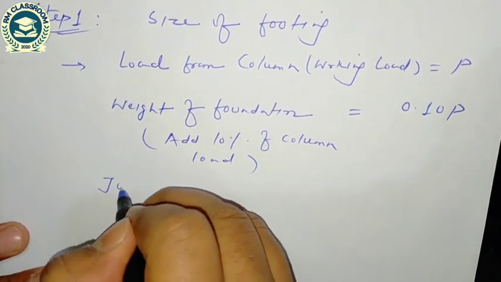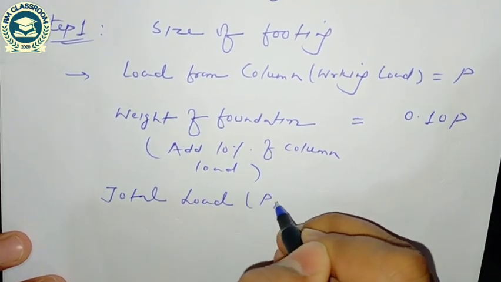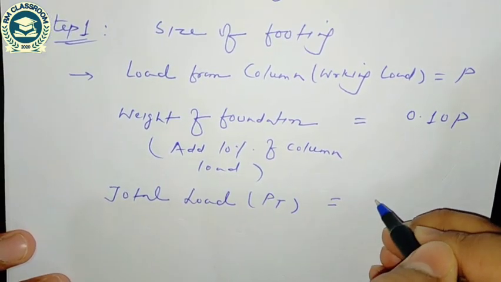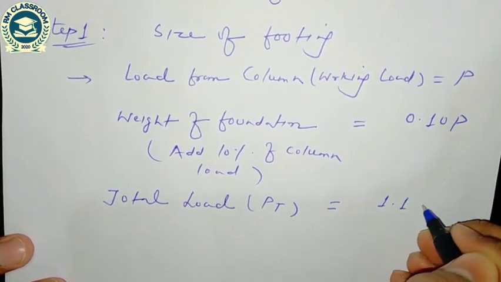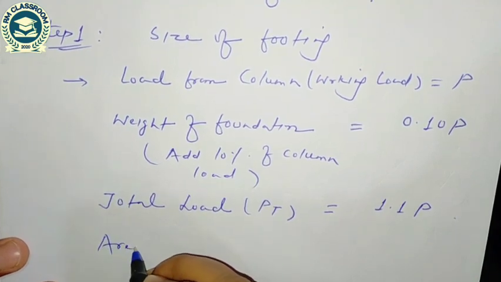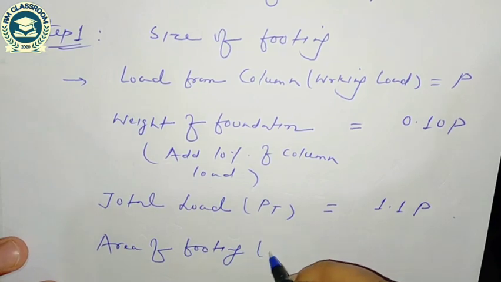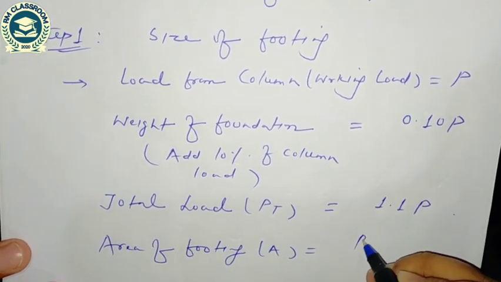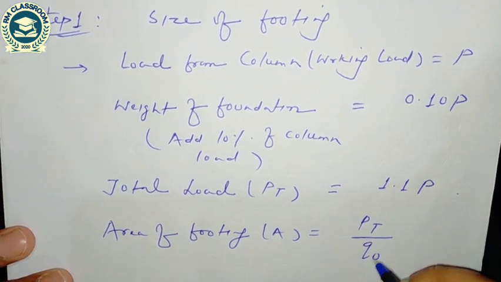So the total load is equal to P plus 0.1 P, so it is 1.1 P. The area of footing can be computed as the total load divided by the safe bearing capacity of the soil.